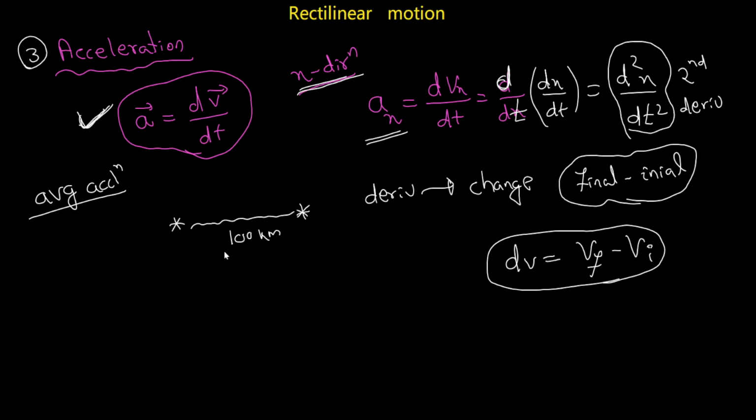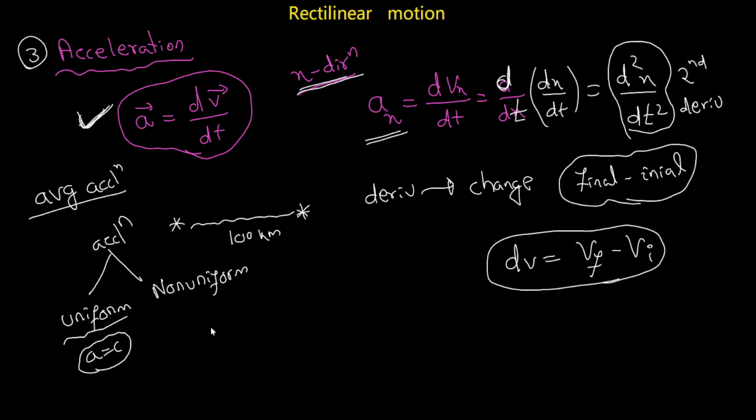So there will be two situations. The acceleration will be either uniform or non-uniform. Uniform means the acceleration is constant throughout.